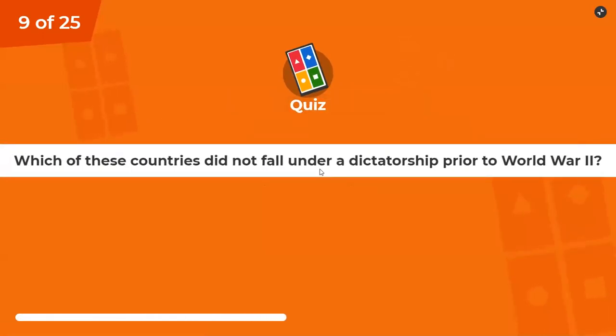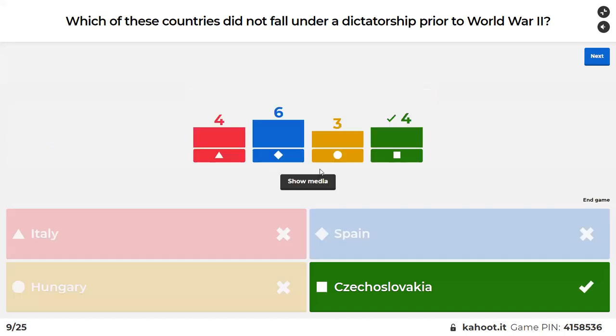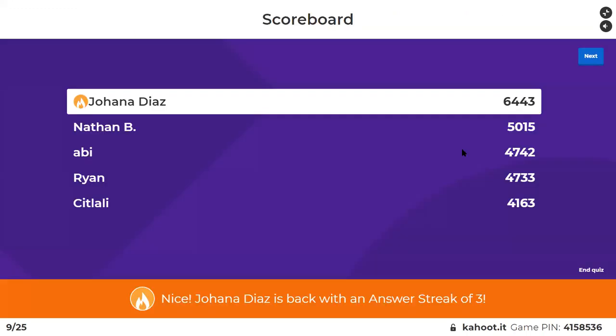All right, which of these countries did not fall under dictatorship prior to World War II? Czechoslovakia, Italy, Spain, Hungary, all came under the rule of a dictator.